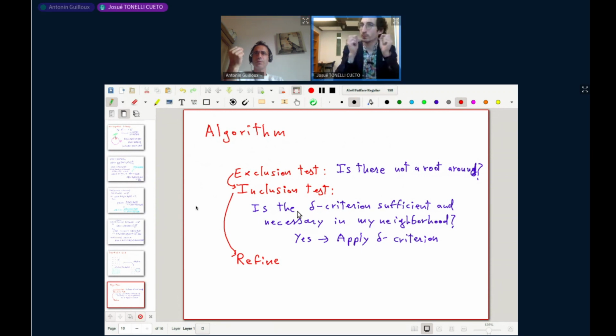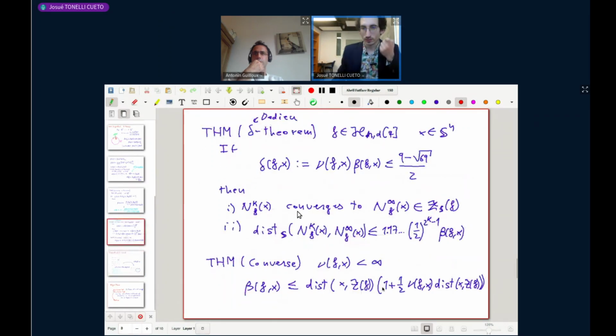Since we are considering the points with a radius, if my point is far away, it means that there is not a root in that neighborhood. So this guarantees us that if this delta thing fails, maybe with a different constant, then I know that there is not a root, because otherwise the delta criterion would have held.